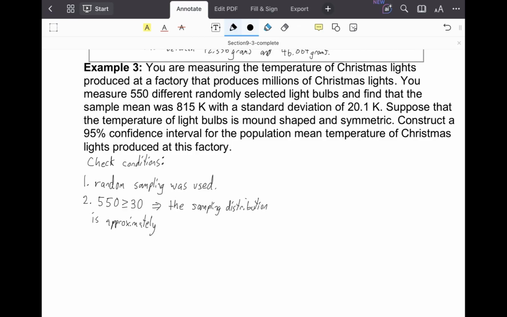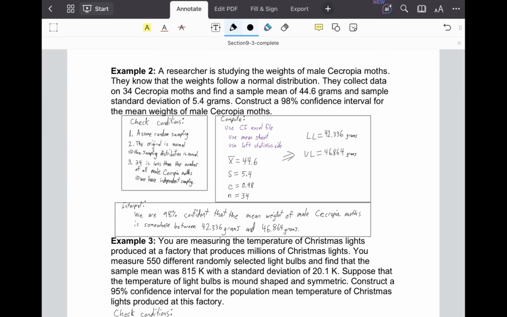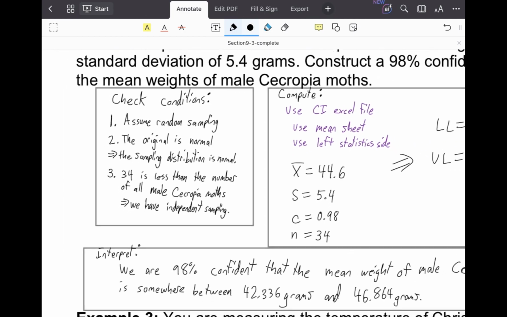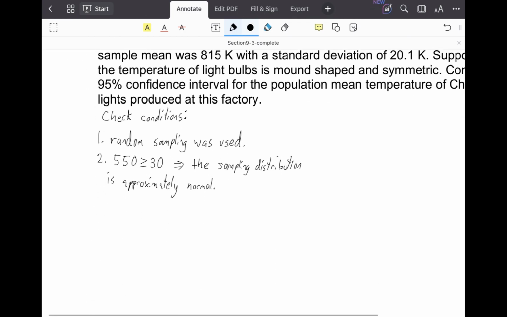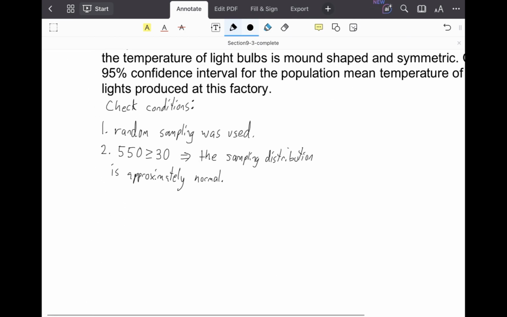So this normal versus approximately normal, that's a kind of small difference between the two, but it is something that you should know. When you have to check that condition, it's not automatically normal, it's approximately normal.